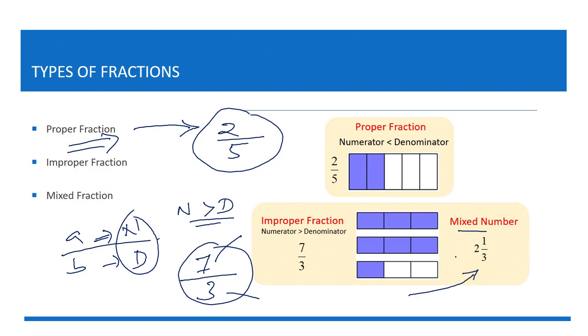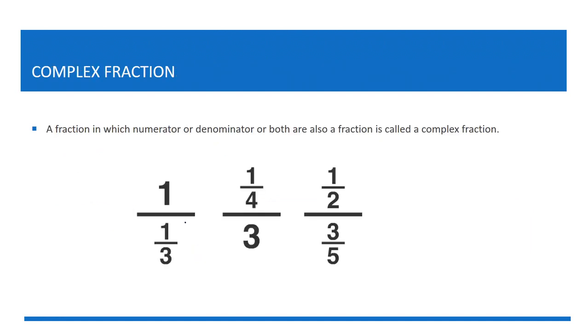Right, let us check out the complex fraction. One more interesting one: a fraction in which the numerator or denominator or both are also fractions is called a complex fraction. In this case, in the numerator only one number is there, but in the denominator it is a fraction.